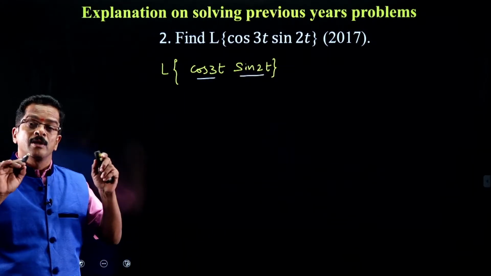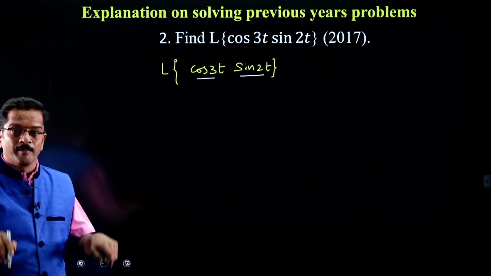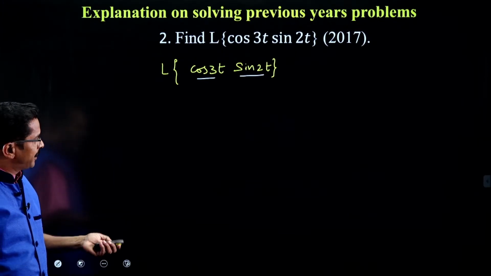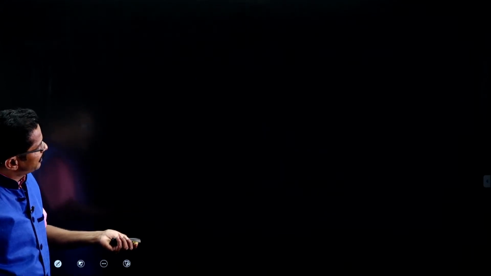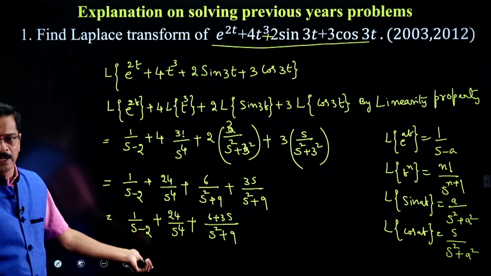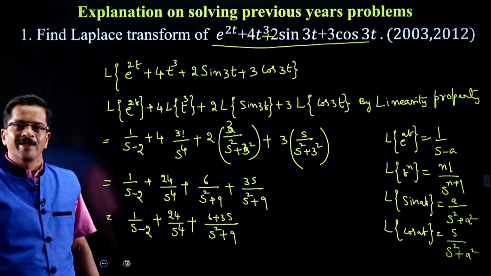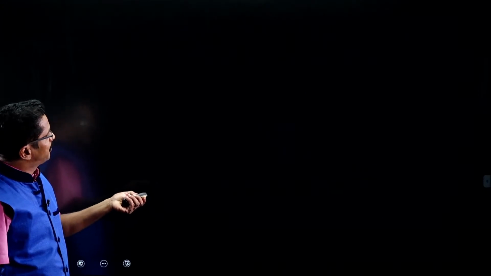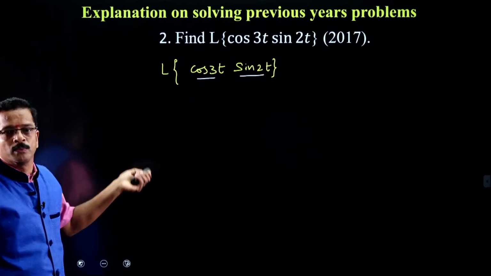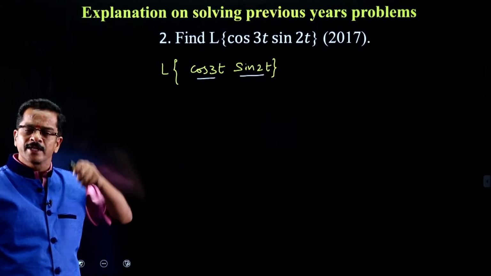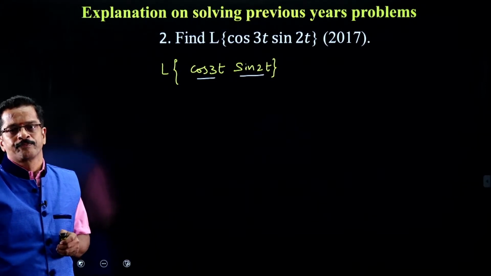They are in multiplication. But previously, when they were in addition, we applied linearity property and went for evaluation. But here, if it is under multiplication, you cannot do so. Whatever we did previously, we cannot do because it is under multiplication.